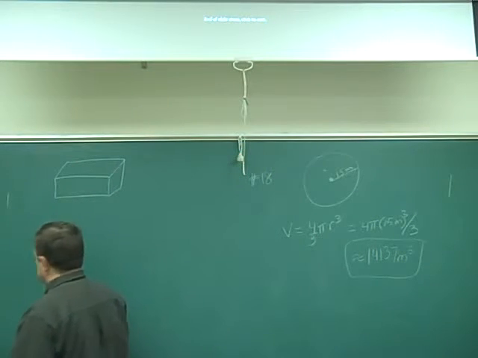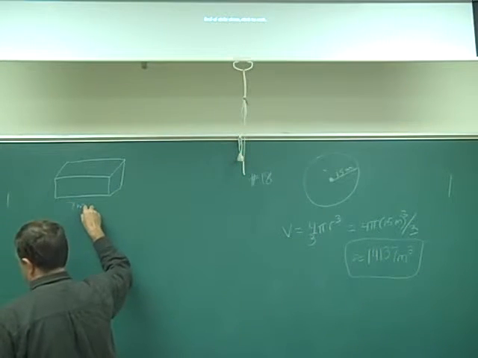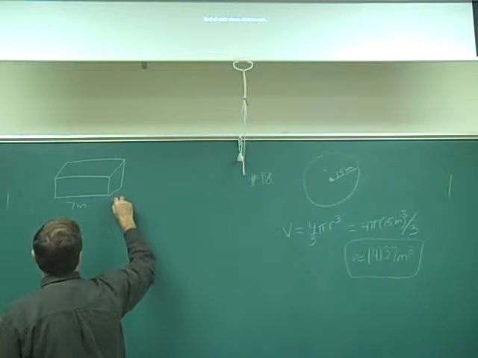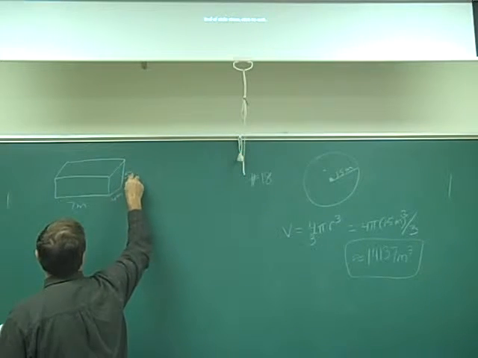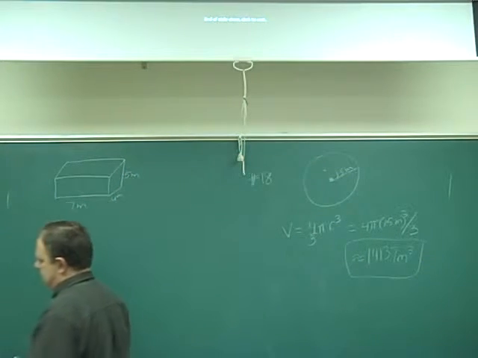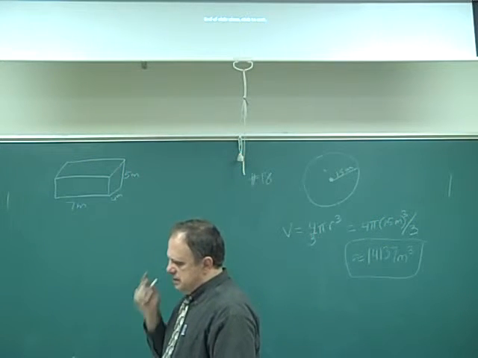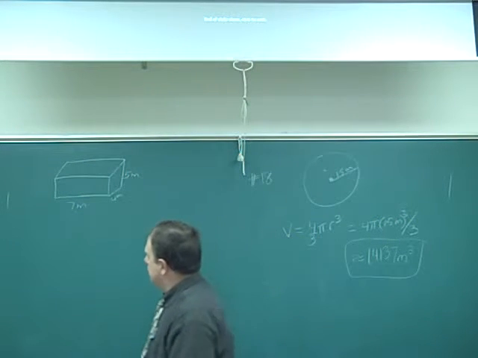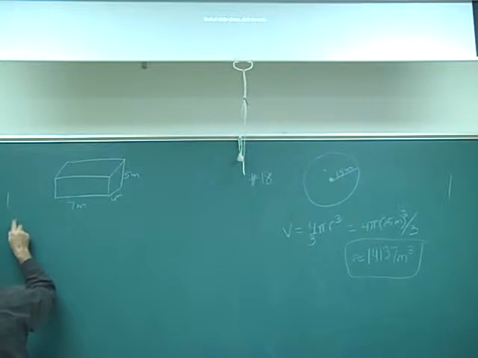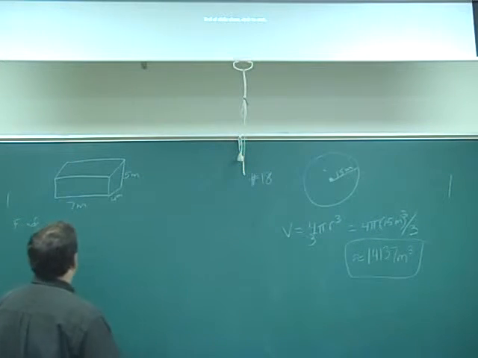And we have 7 meters, 4 meters, and 5 meters, for length, width, and the height. And we want to find the surface area.